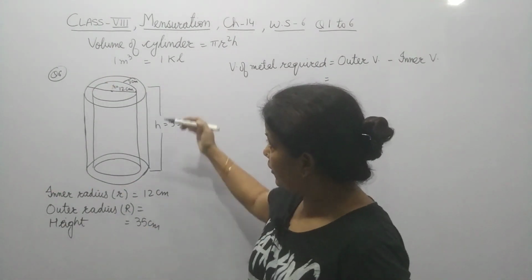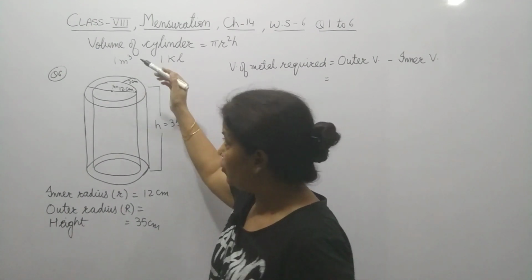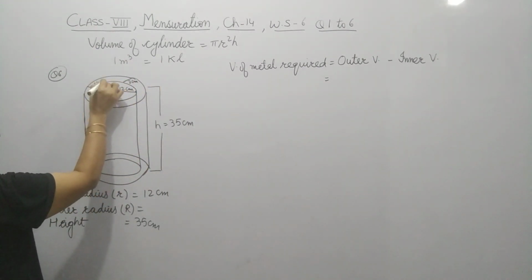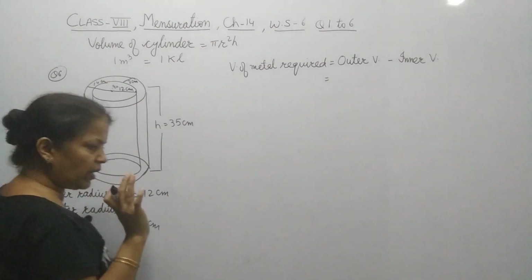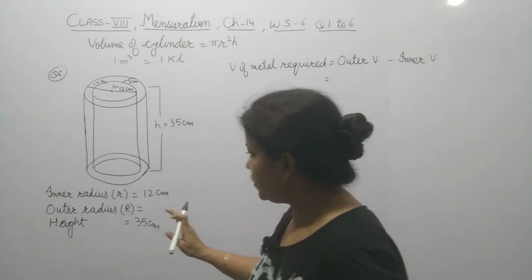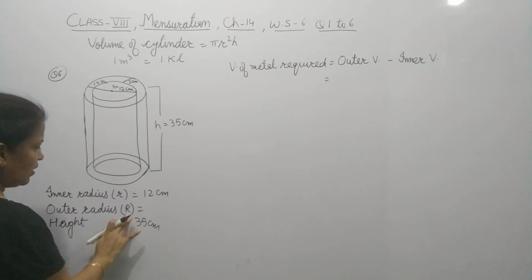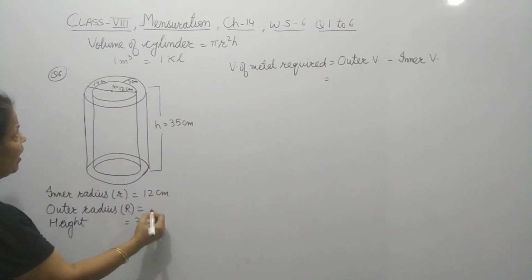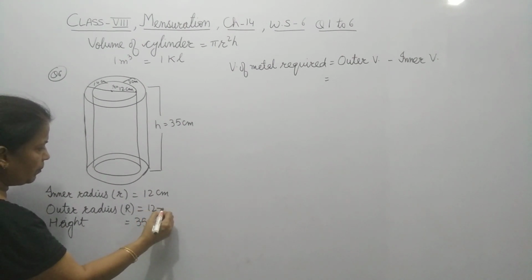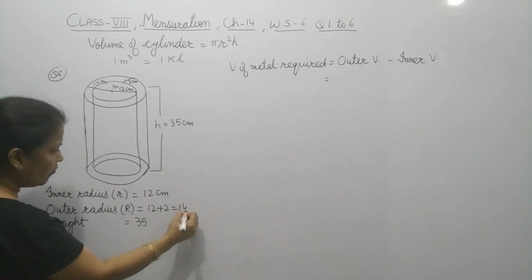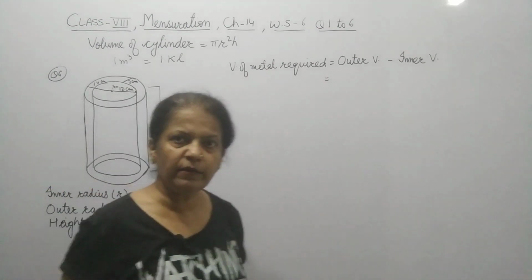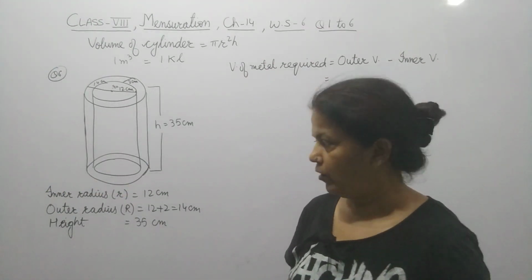The outer radius will be 12 plus 2, so it will be 14 centimeter. So the inner radius is 12 and the outer radius, we will assume it as capital R, will become 12 plus 2, that is 14 centimeter. Is it clear? Clear to all of you? Okay.